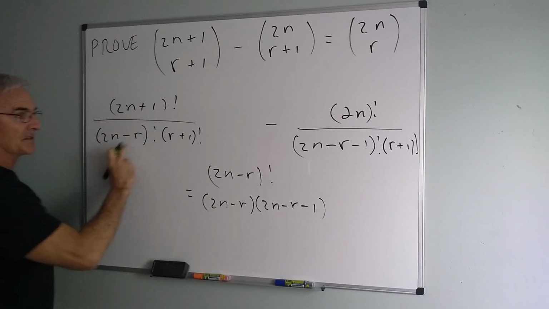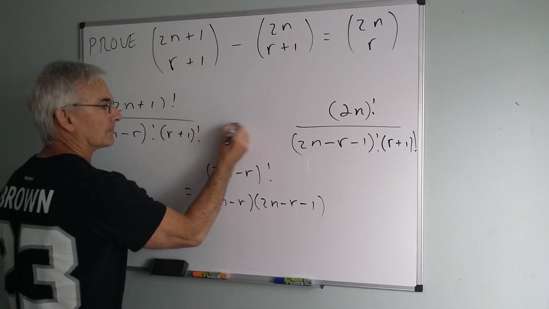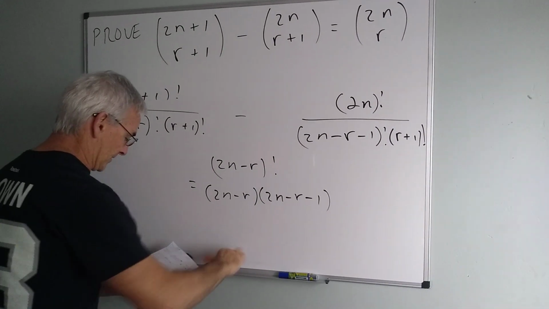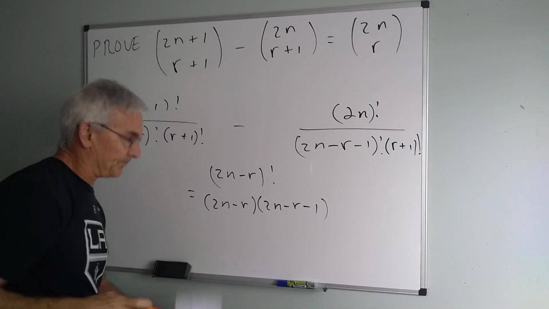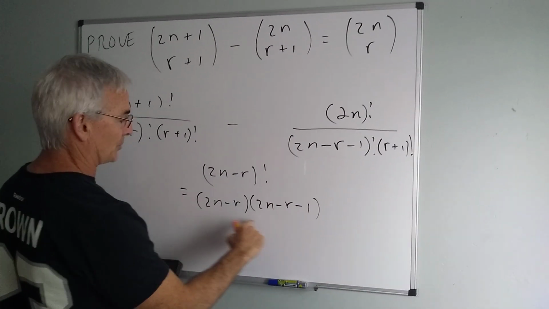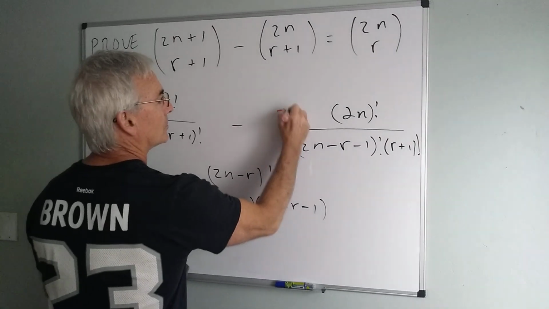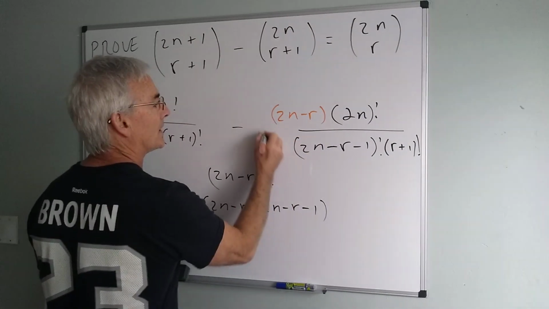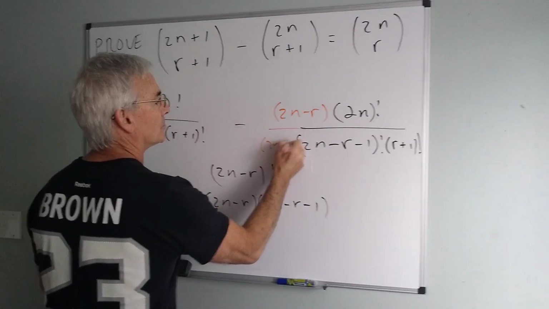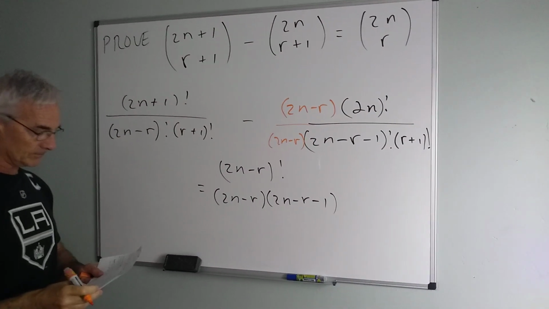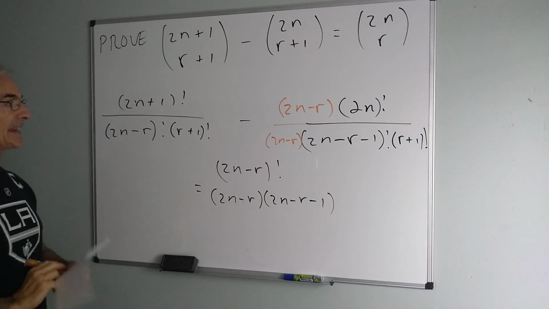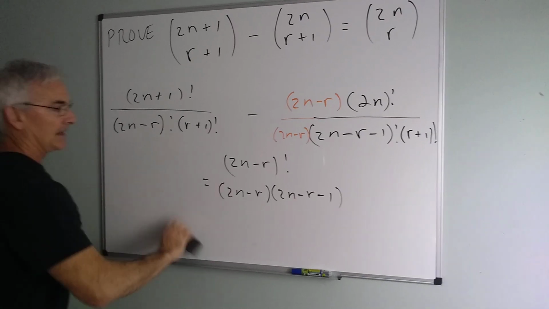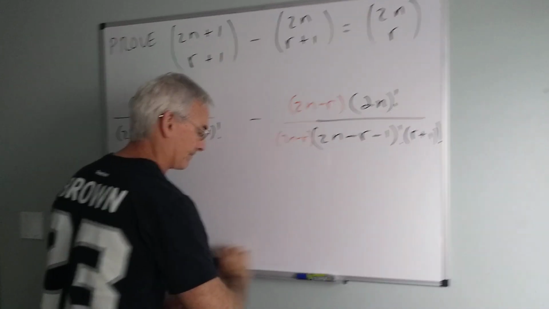So in order to make these denominators equal, I will multiply numerator and denominator here by exactly the term I need, which would be 2n minus r over 2n minus r. Now, when I do this, I can now combine these terms, and I can add numerators.